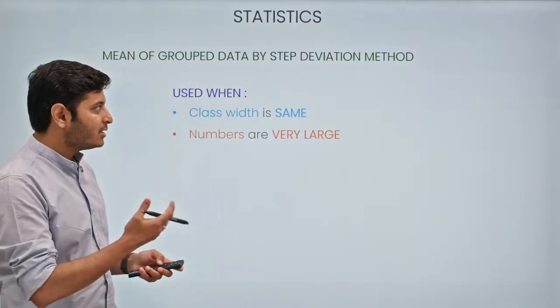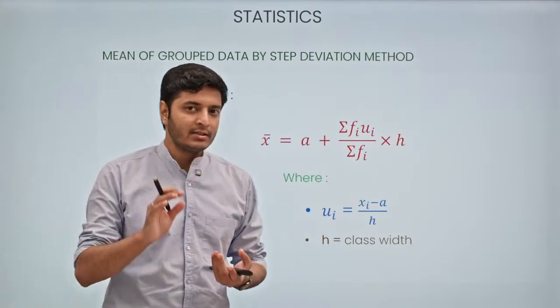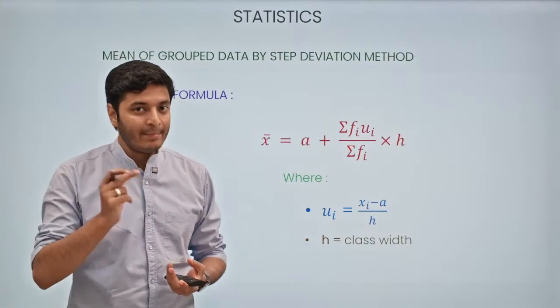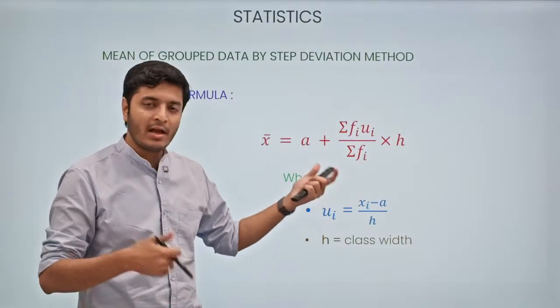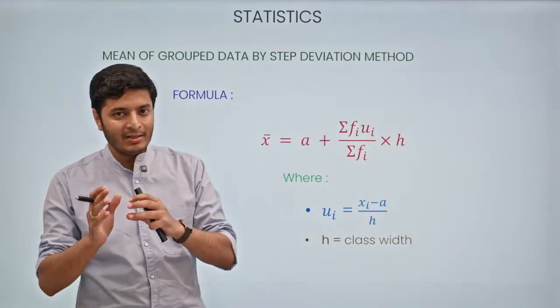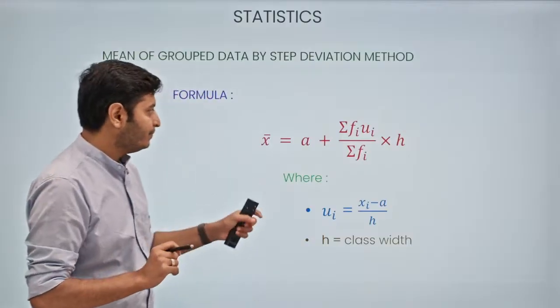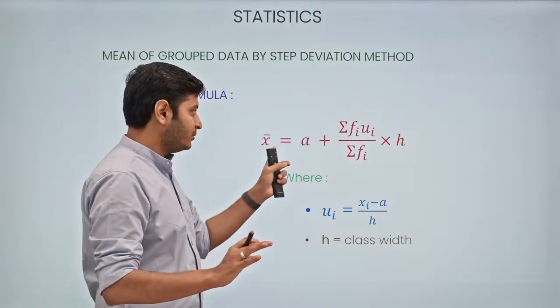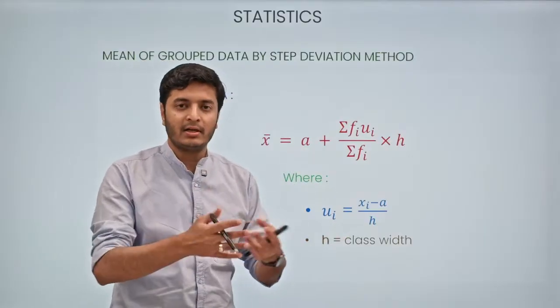Okay, let's jump into the method now. The formula that we will be using is x bar equals a plus summation fiui by summation fi, into h. A little similar to the assumed mean method, but with small changes. Here x bar is the mean, and a is the assumed mean that we are assuming.